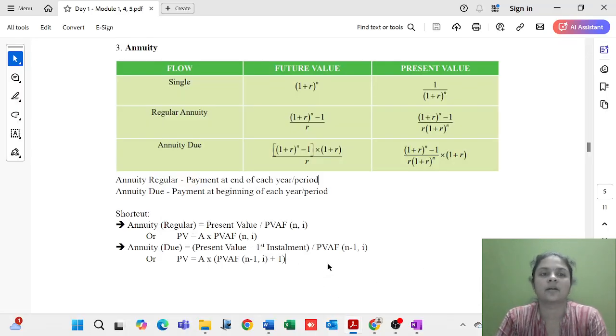Now given this, have a look at the annuity formulae once, and then we will start with the practical questions. Shall we start?